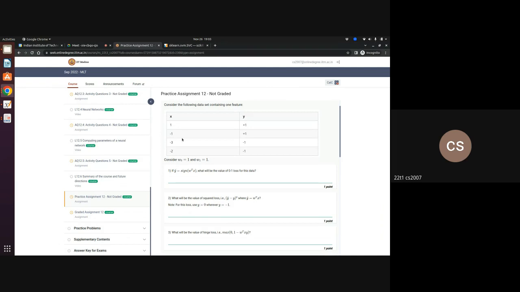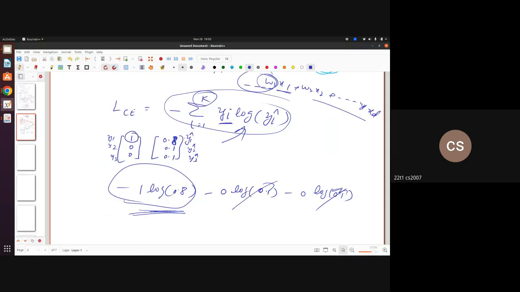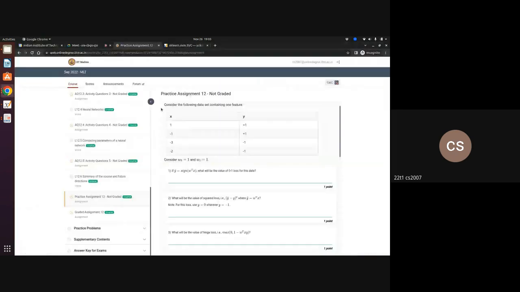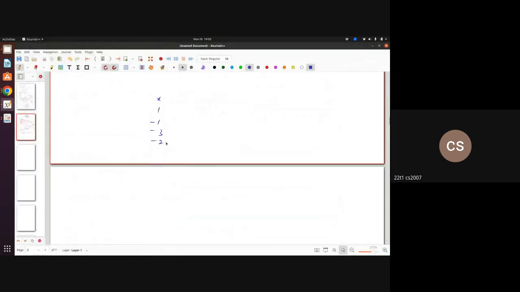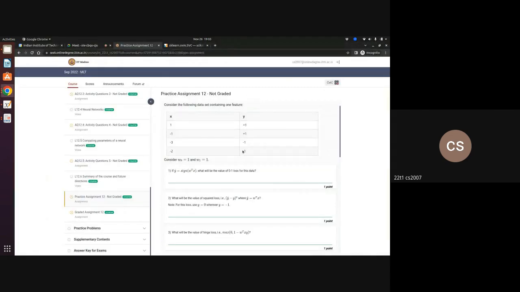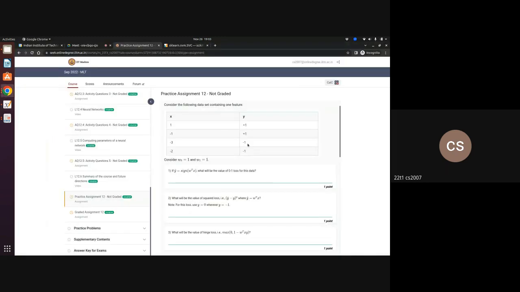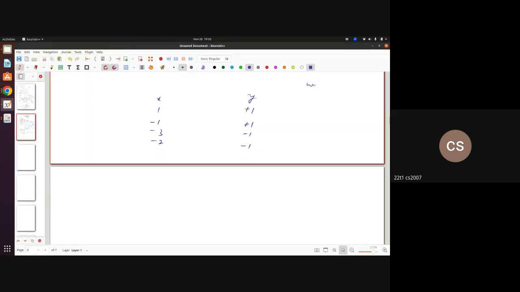Here X is given, so you will compute the value of W transpose X, right? Y is given to be plus, plus, minus, minus, and we are given W0 is 1, W1 is 1.